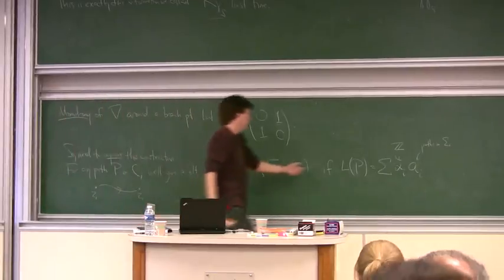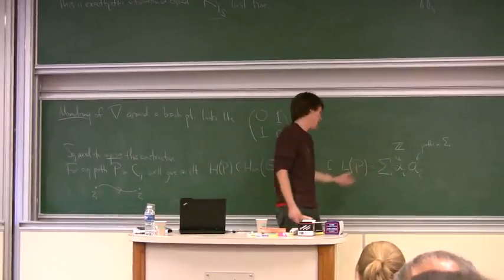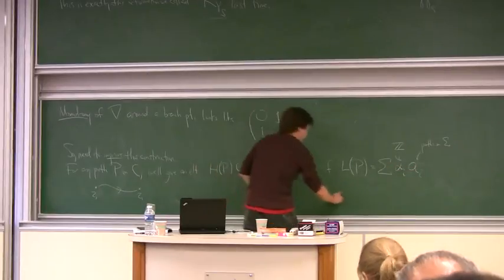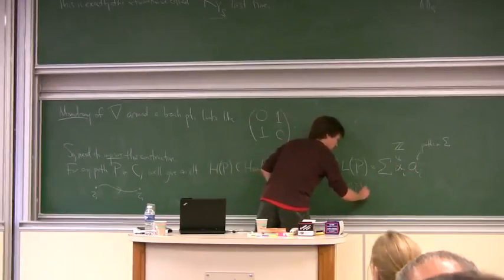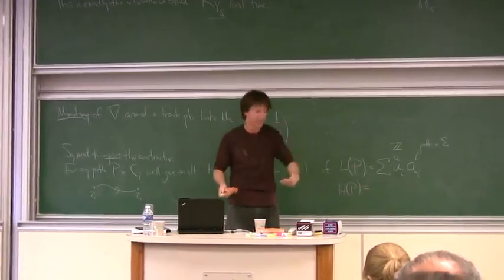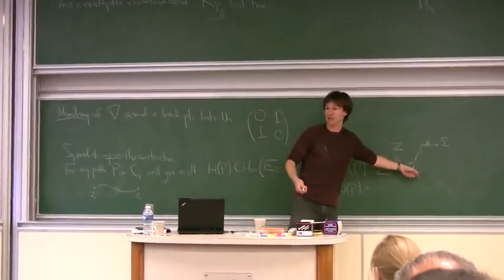So I take my path P, I lift it up to some sum of things here, and now we'll define H(P) to be just the sum now of the parallel transport. I use the parallel transport of the abelian connection along each of these paths upstairs.